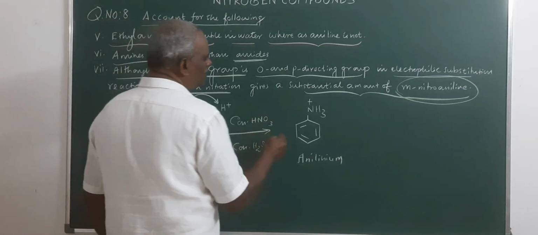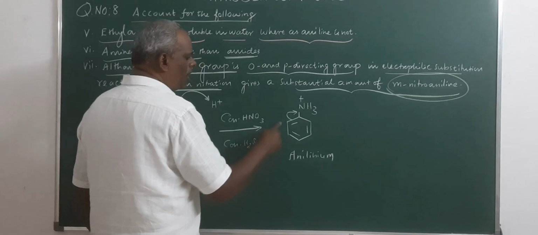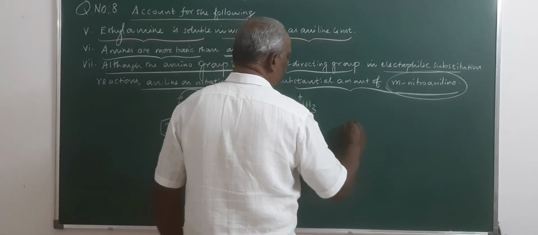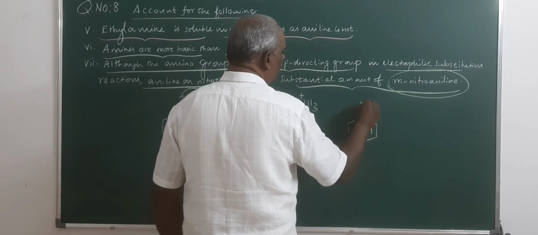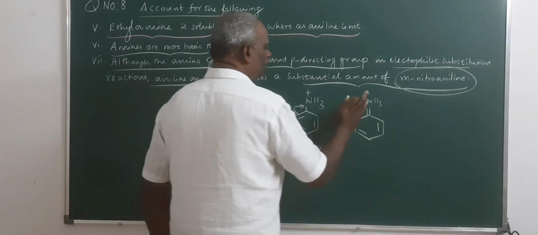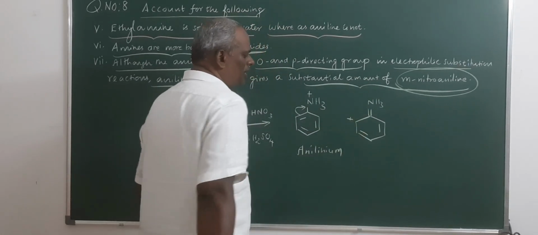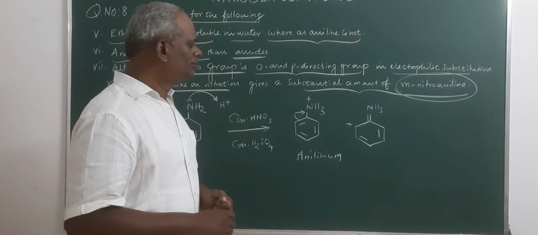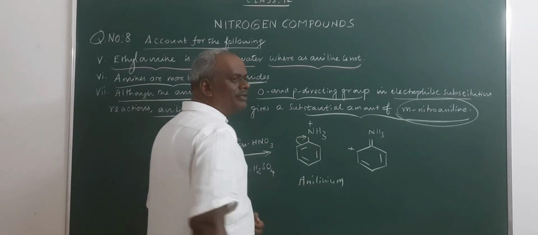To compensate that, this pair of electrons will be moving. So in the ortho position, ultimately, what will happen? There may be a double bond between these two. Okay. And this position is going to carry a plus charge. Why? The pair of electrons is moving towards this side.